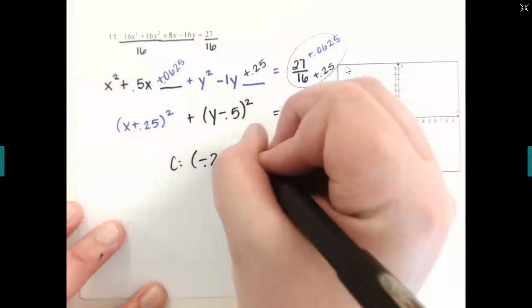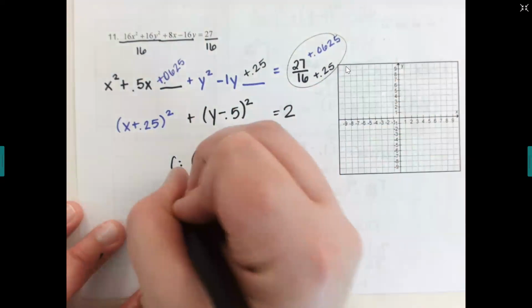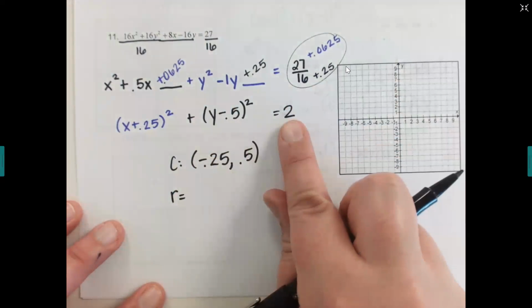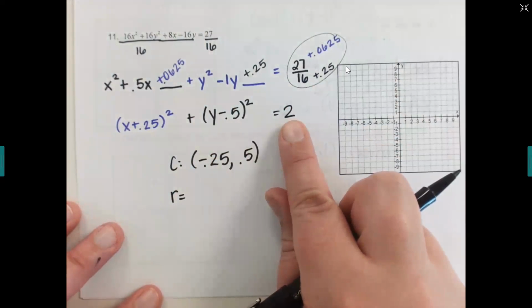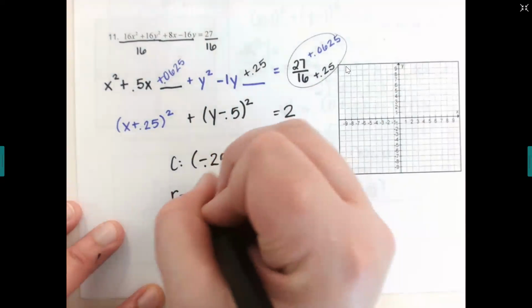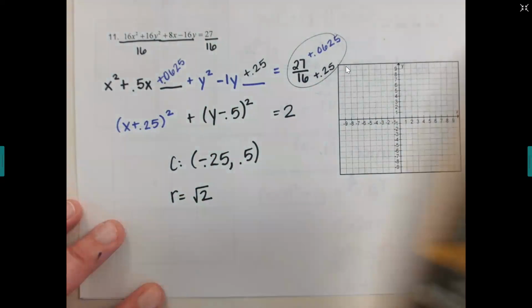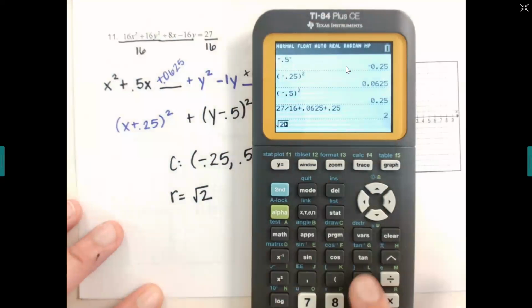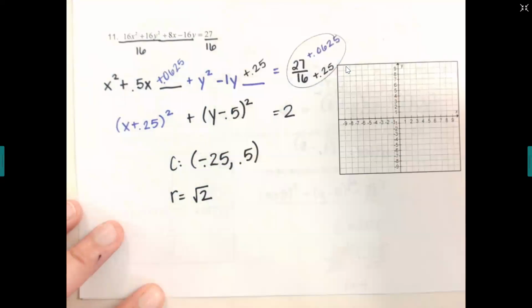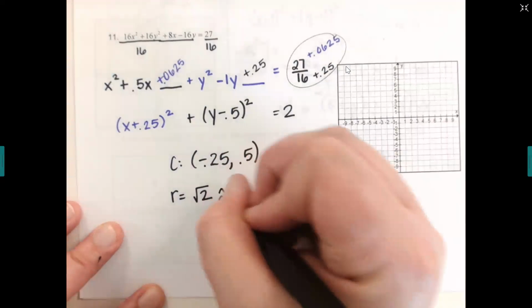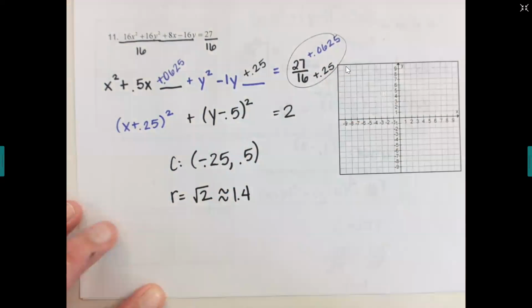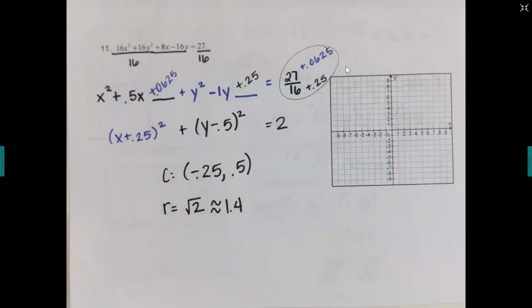Now it's a positive. And then my radius is whatever the square root of 2 is. It's not going to be perfect like all the other ones, but that's okay. You could even type it in your calculator and see exactly how long that is. The square root of 2 is 1.4. So this one, because the numbers ended up being fractions, we ended up with kind of a weird radius.